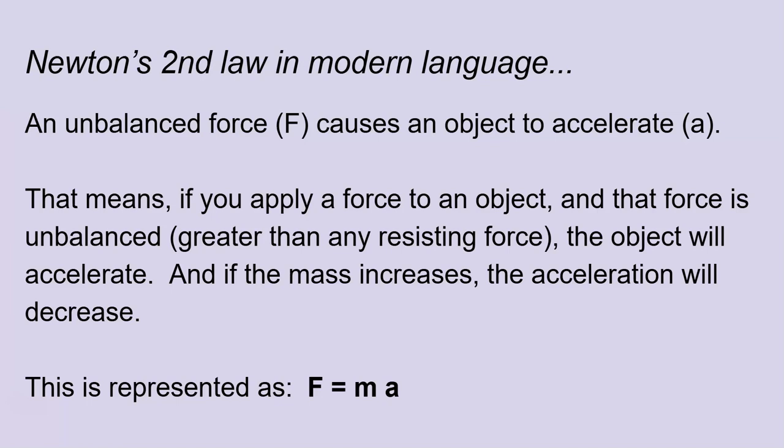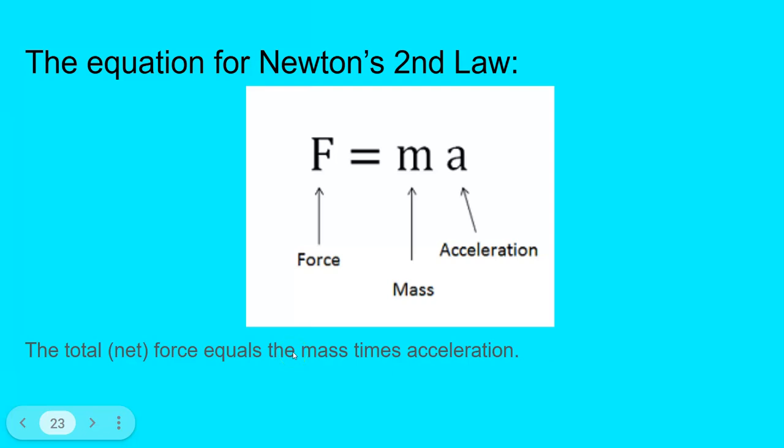You saw that in the lab we just did: when you put weight on the car that had a pulley with string over it, the more weight you put on it, the more it would accelerate. You also saw that if you increase the weight of the car itself, it had a smaller acceleration.